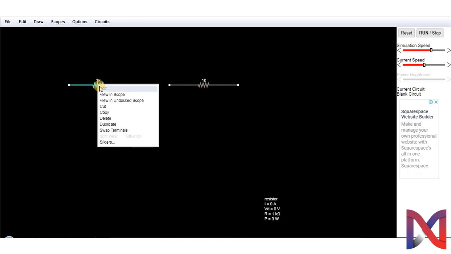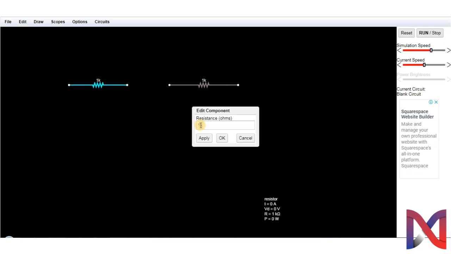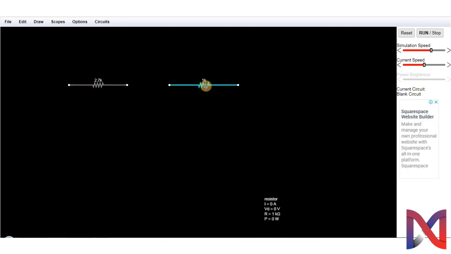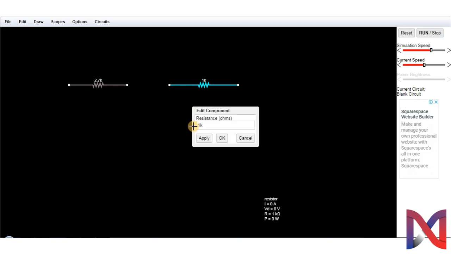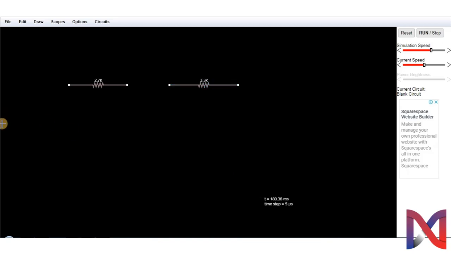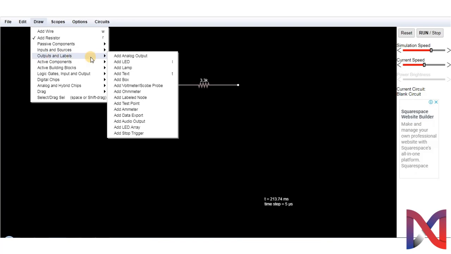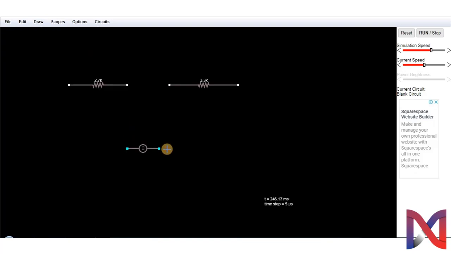First resistor was of 2.7 kilo ohm. Second resistor was of 3.3 kilo ohm. Now we go to draw again, output labels, and we will select ohm meter.